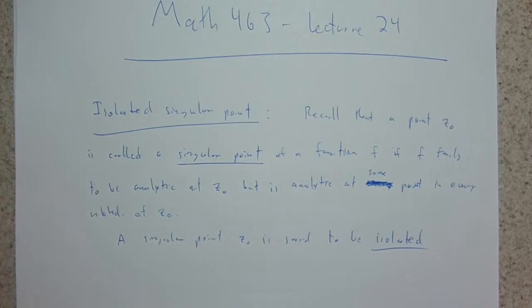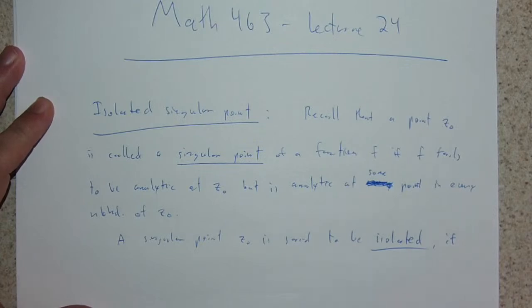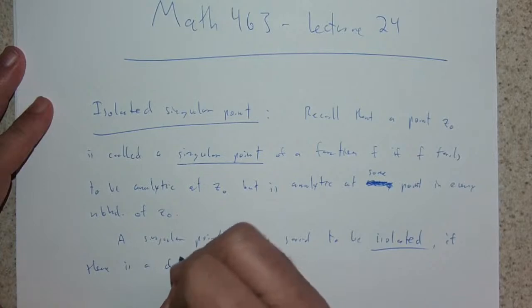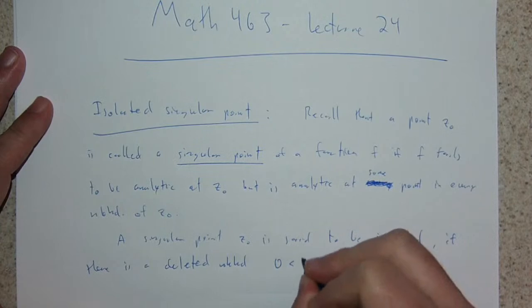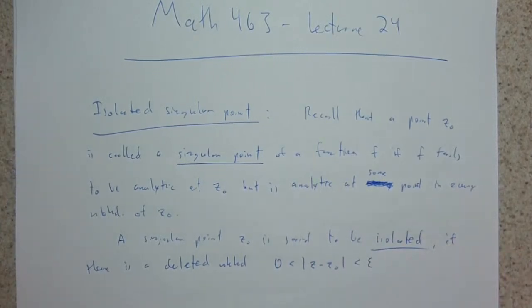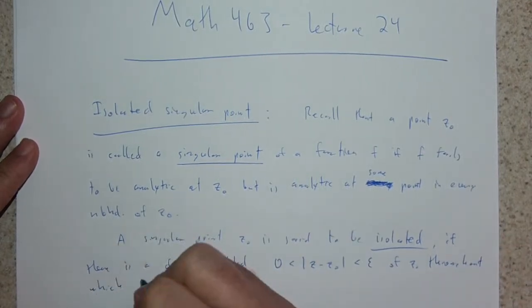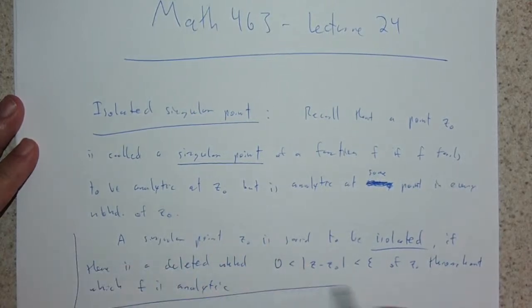So it's a deleted neighborhood centered at z naught, of some radius epsilon, throughout which f is analytic. Okay, this is the definition.